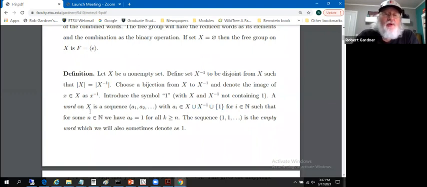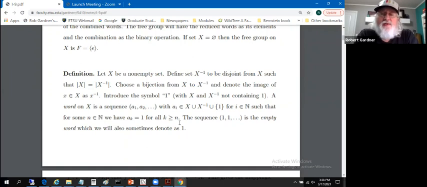A word on set X is a sequence, an infinite sequence for now, a1, a2, and so forth, such that each a sub i is from the collection, the set of letters, if you will, X, X inverse, or the symbol 1. And such that for some natural number n, we have a sub k equals 1 for all k greater than or equal to n.